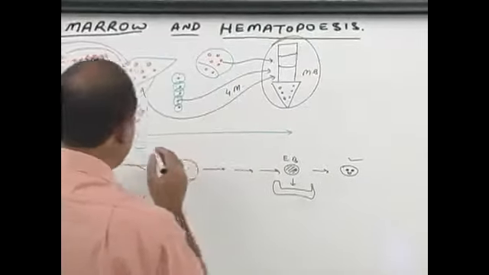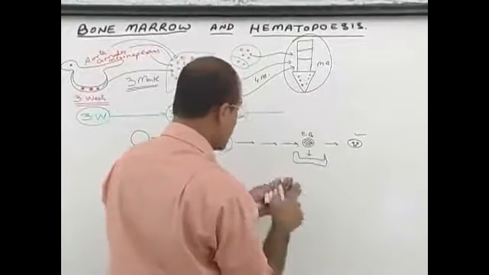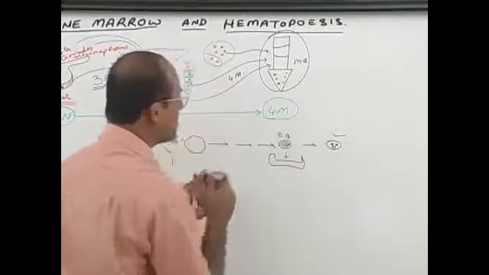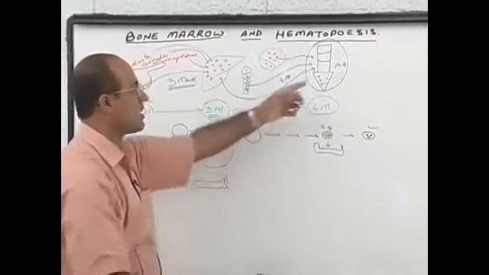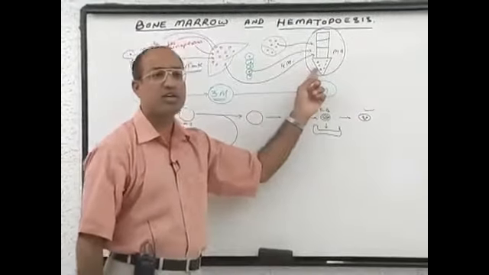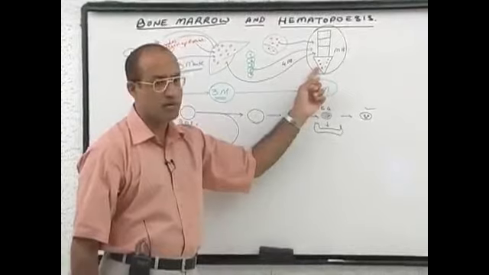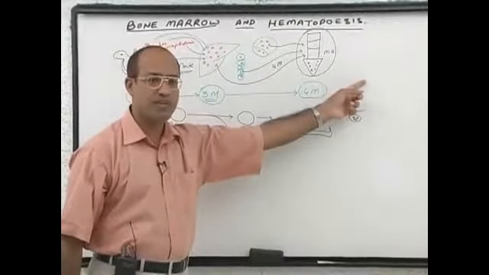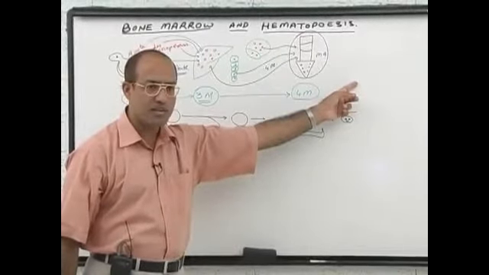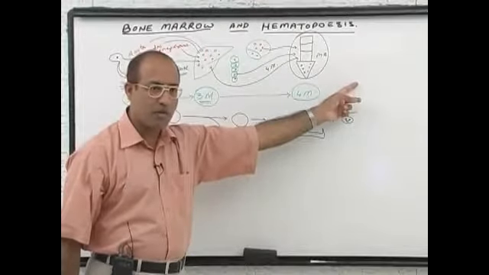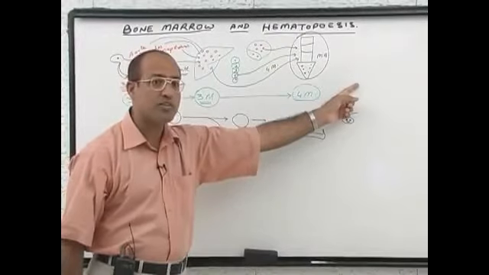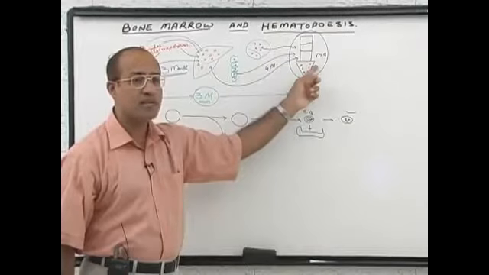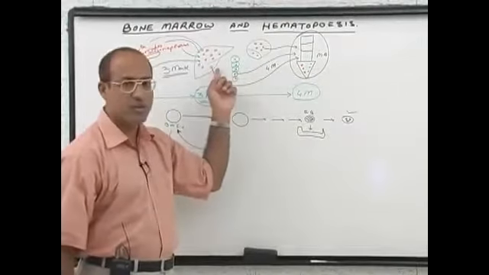So we can say in the 4th month of fetal life, these hematopoietic stem cells will appear in the bone marrow, and hematopoiesis will also start in the bone marrow. And by the time the baby is born, in a full-term baby, almost all hematopoiesis is going on in the baby's bone marrow, and just before the birth, the liver has stopped its hematopoietic function.